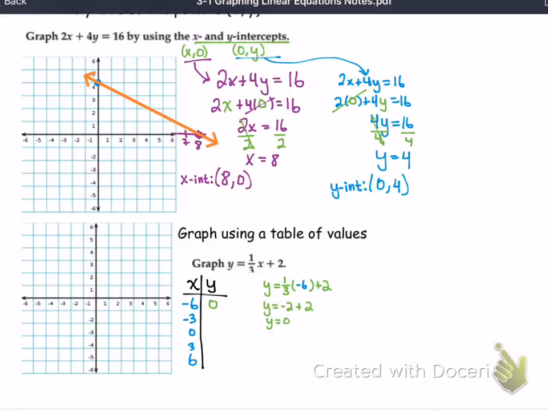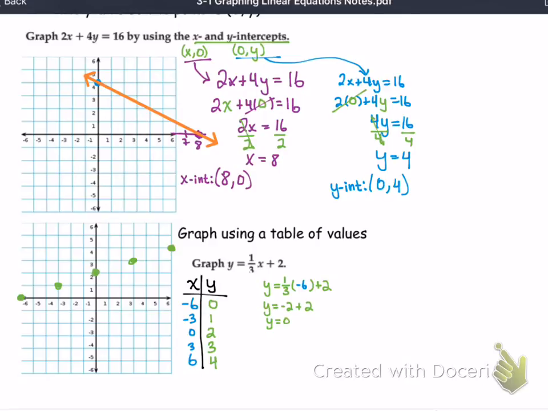I'll go ahead and plug in these other 4 numbers and see what you get as your value for y. So you'll notice I got 1, 2, 3, and 4 when I plug in those numbers respectively. And then you just got to graph it, right? Because these are just coordinate points. -6, 0 is all the way here on the left. And then plot the other points.